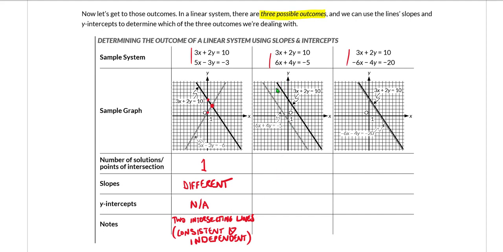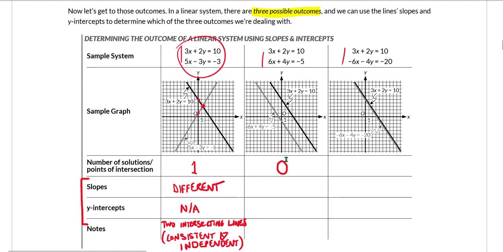Next scenario over here, you can see that we have 2 lines that never touch each other, and therefore we have 0 solutions or points of intersection. We should be able to see just by a quick visual examination here that the slopes of these 2 lines are equal.